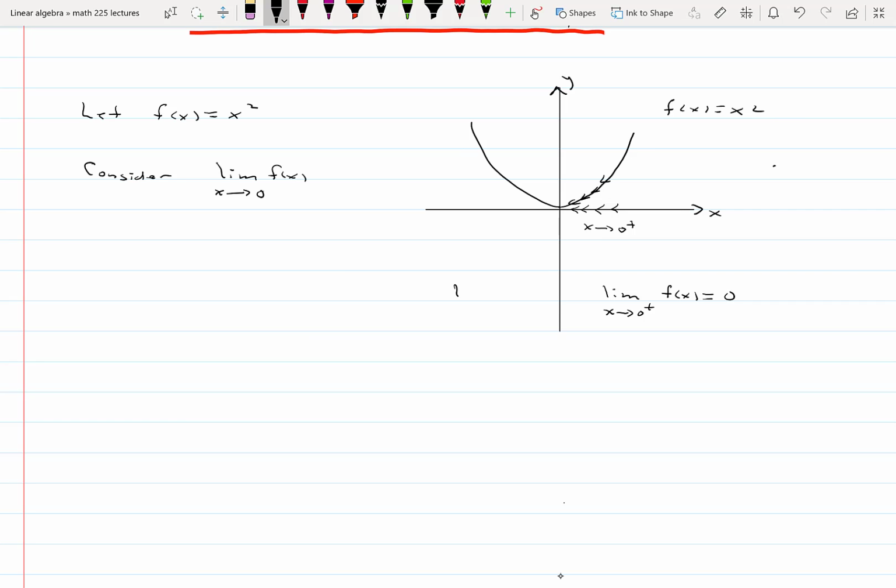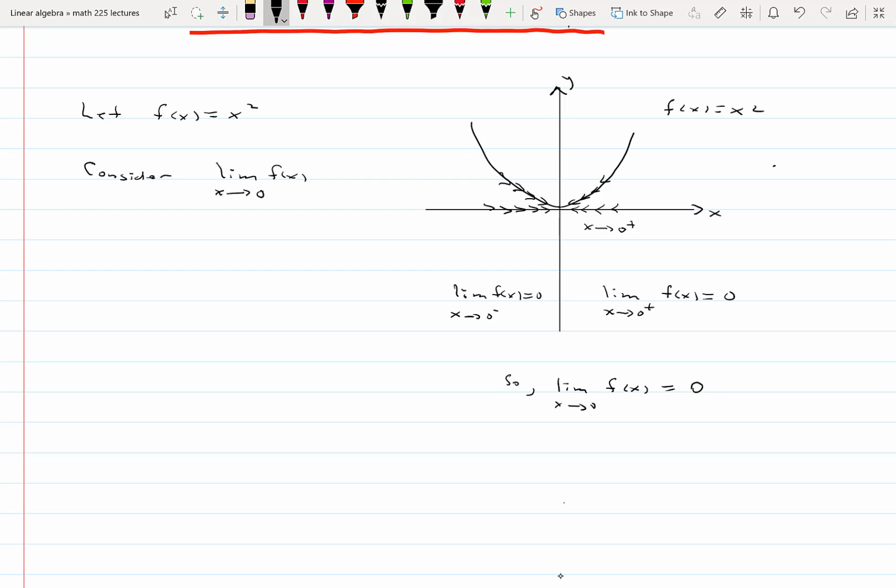And similarly, as x approaches 0 from the left-hand side, the y values also tend to approach 0. So as x approaches 0 from either direction, the y values approach 0. So what we say is that the limit as x approaches 0 of f of x equals 0.